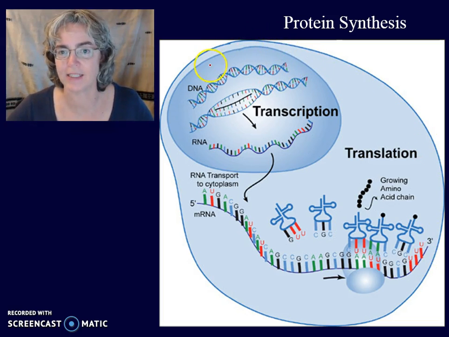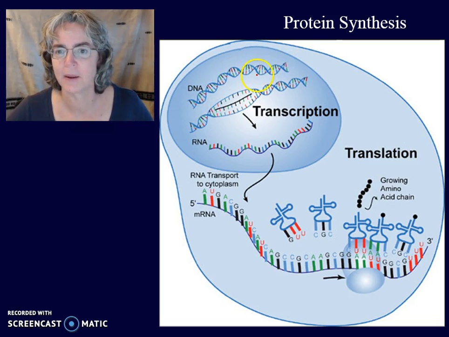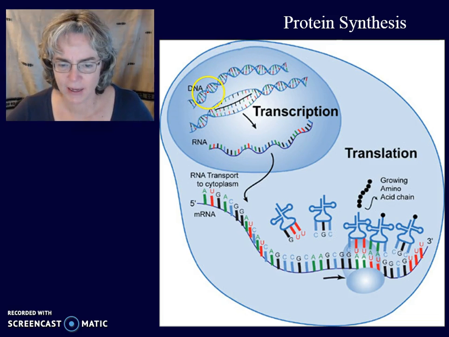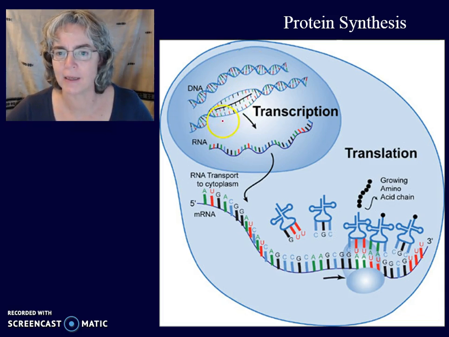We know that. It has a nucleus. This is the nucleus. And inside the nucleus, here is a strand of DNA. The DNA has the template for making an RNA molecule.